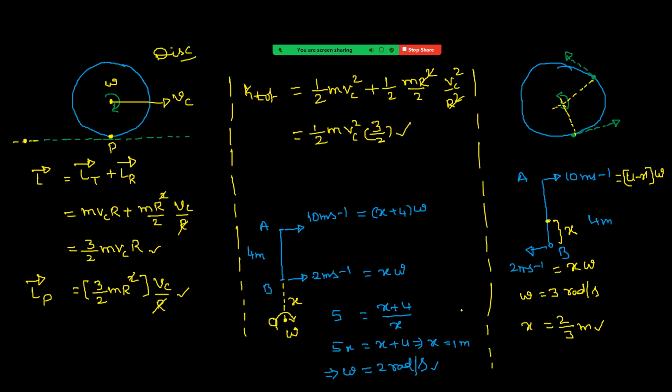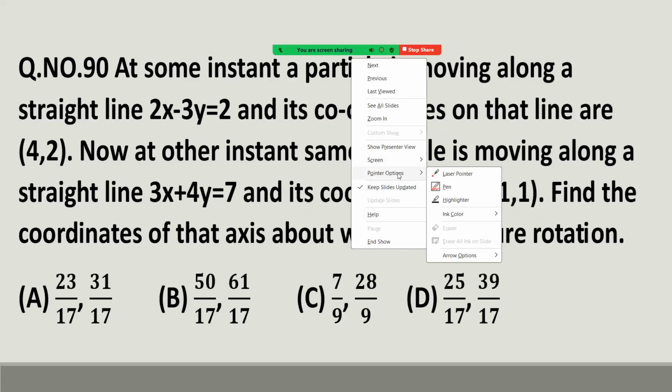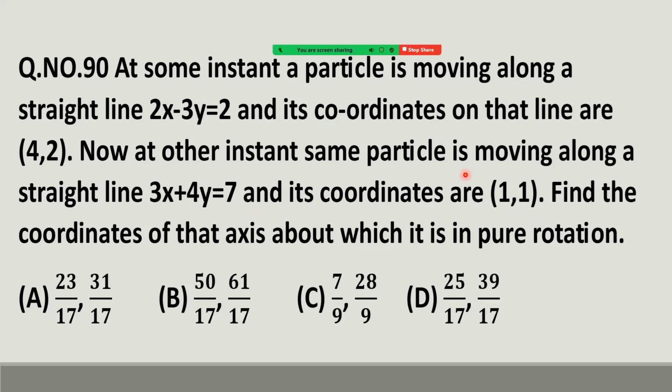Let us see now the last possibility, that is velocity is neither parallel nor anti-parallel. See the question here. At some instant, a particle is moving along a straight line 2x minus 3y equal to 2, and its coordinates on that line are 4, 2.